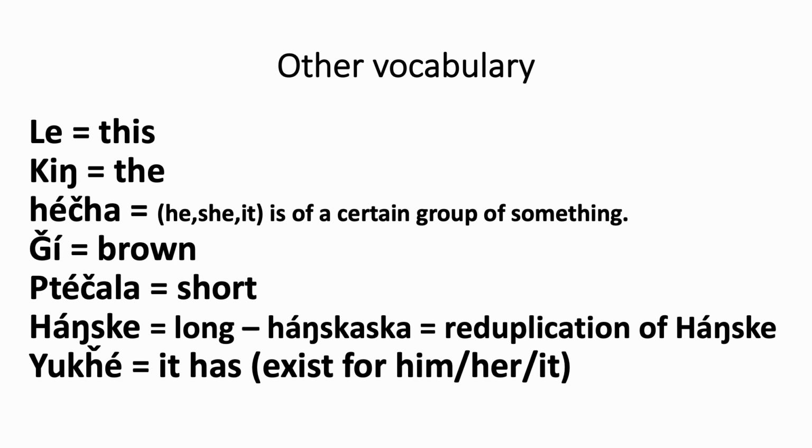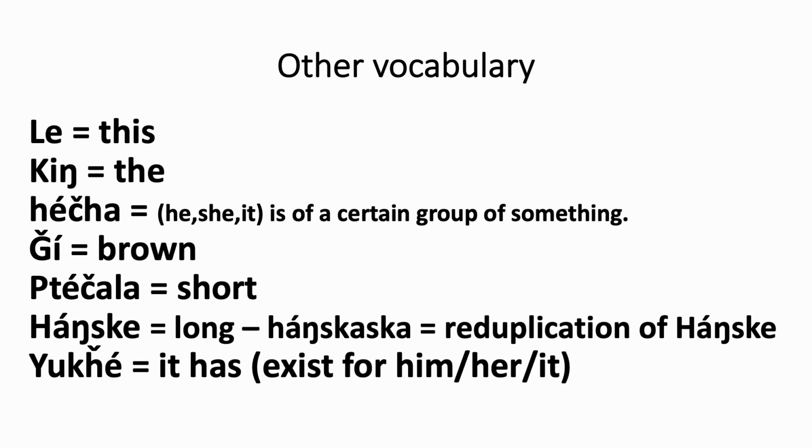We're going to use this word to describe the ears, in this case, of the deer. And since there are two ears, we're going to reduplicate that word. So it's going to become hanskaska, meaning that they are long or tall. You'll catch on to that as we go along.